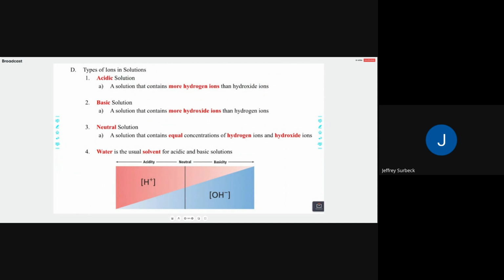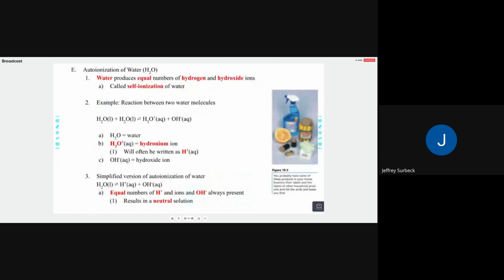Now, in our class, like I said, we deal with a lot of aqueous chemistry. This means we're going to utilize water. Unless I tell you differently, we are going to utilize water as our solvent, the item doing the dissolving. Now, some other properties of water that we don't think about.